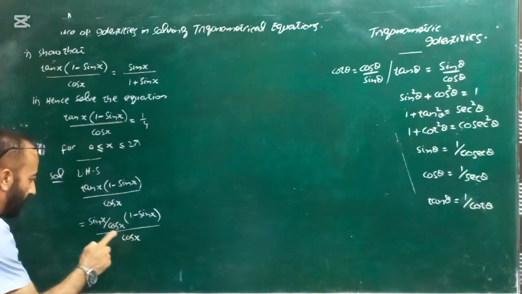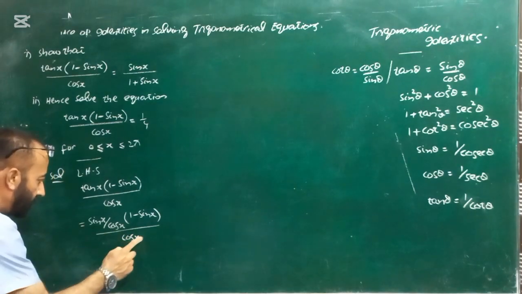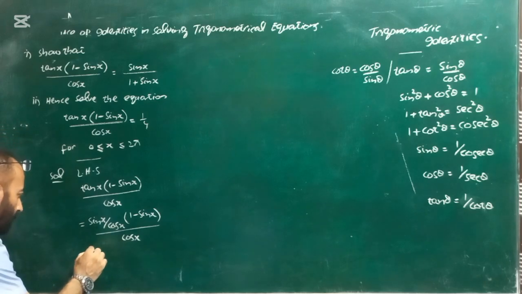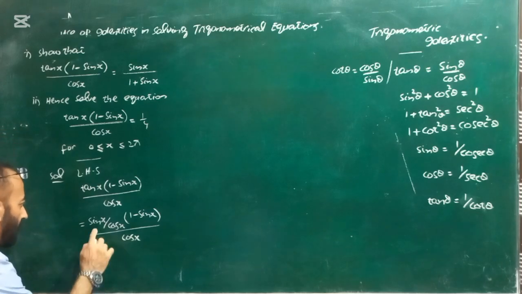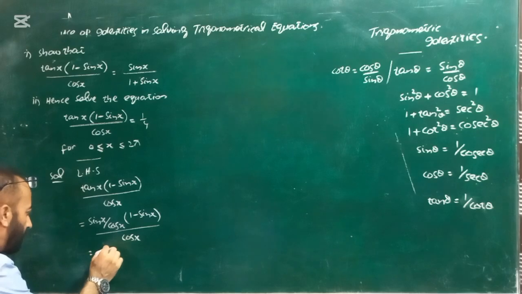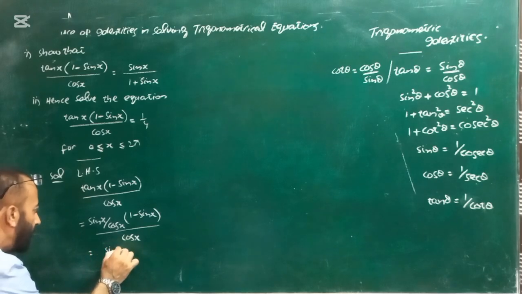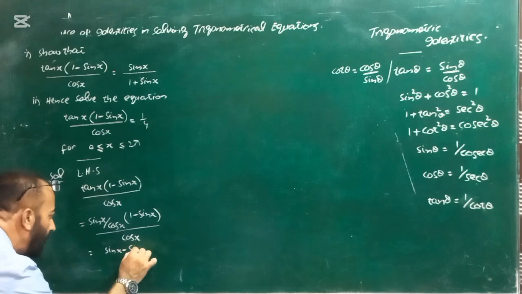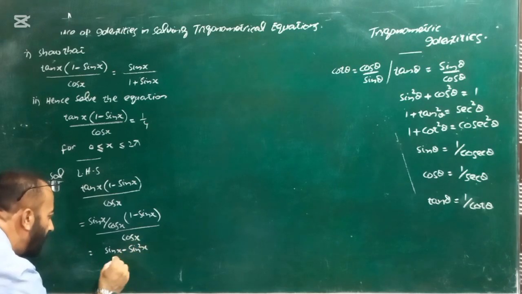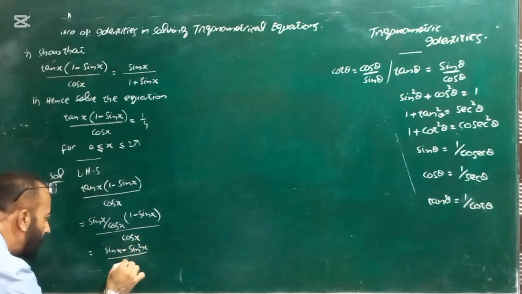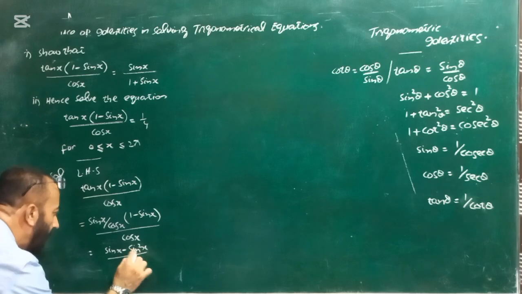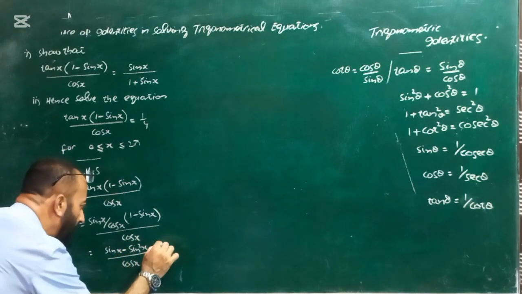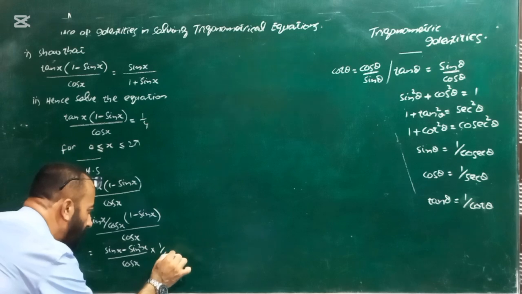These are in denominators now. So this sin x will be multiplied inside the bracket. So sin x minus sin²x over cos x. And this cos x will go to the denominator.